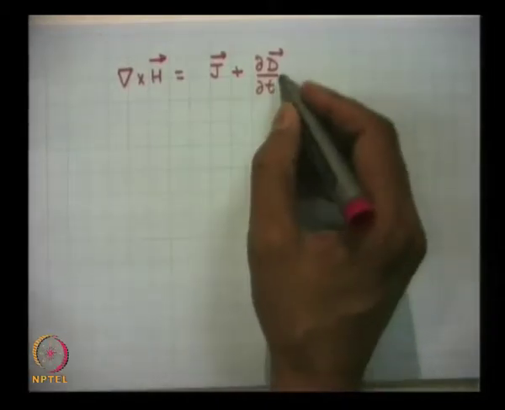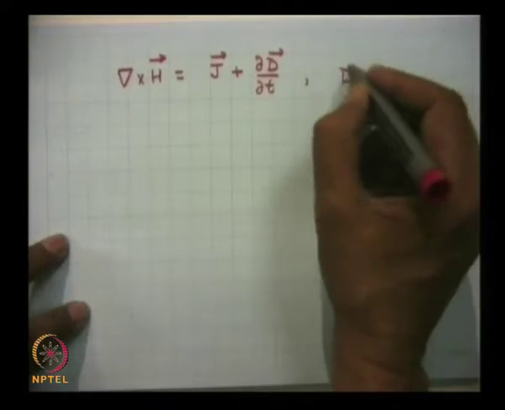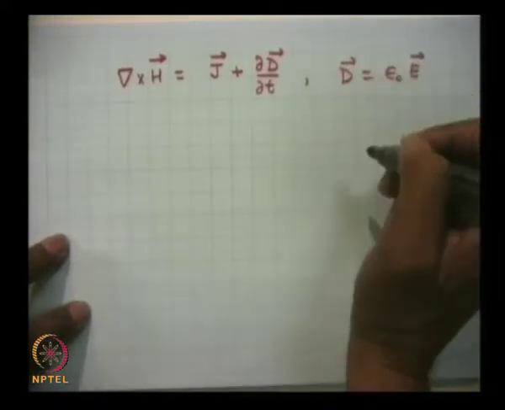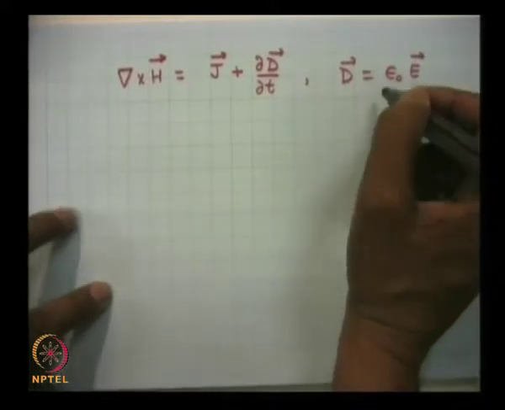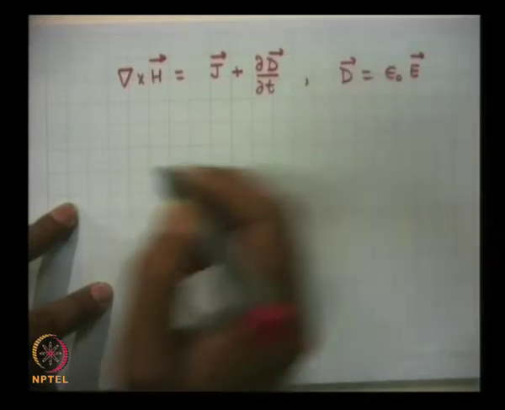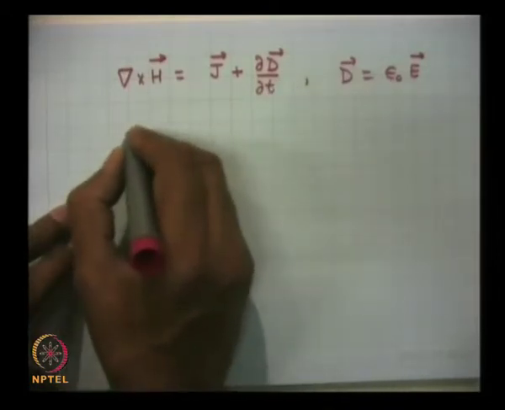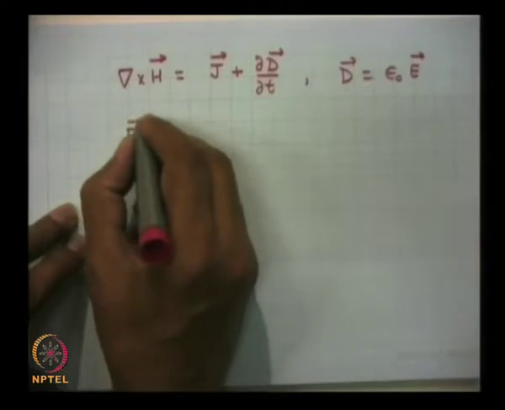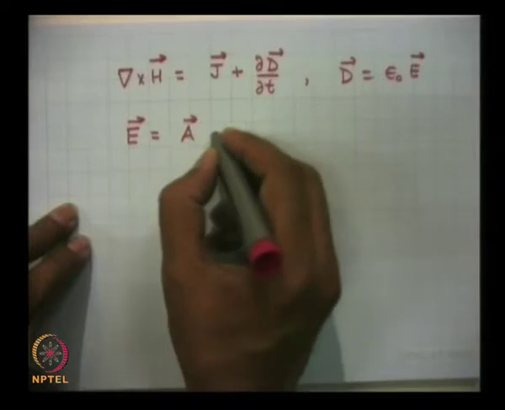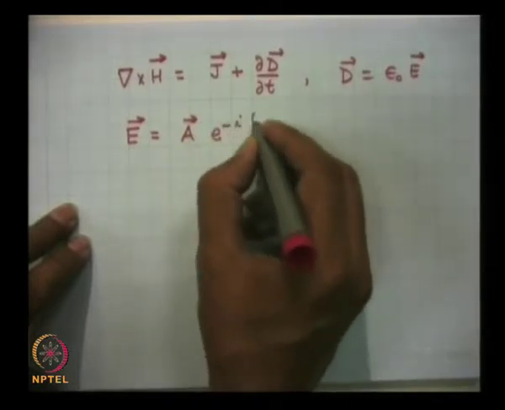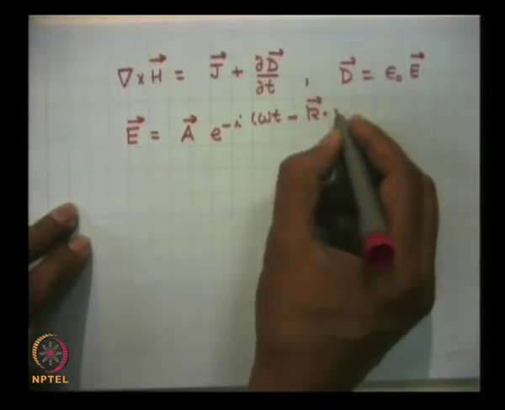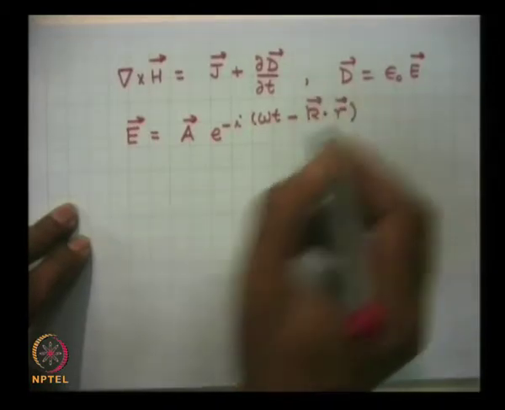And in plasmas, D is equal to epsilon 0 into E, where epsilon 0 is the free space permittivity. If I put this back in here and assume that the fields I am considering are of the form A exponential minus i omega t minus k dot r in general, this is called a plane wave solution.